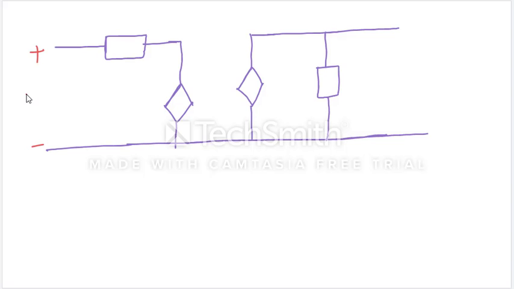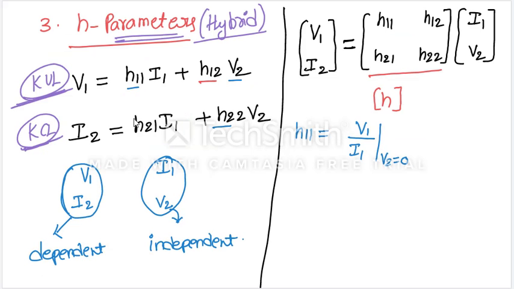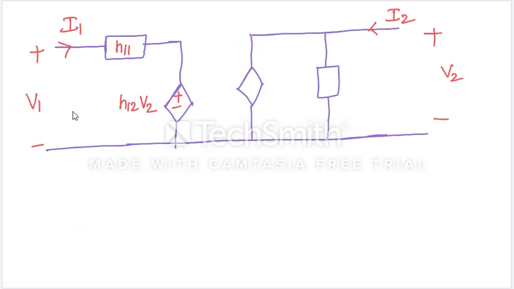Port 1 has V1 and current I1, port 2 has V2 and current I2. Now V1 is equal to H11 I1 plus H12 V2. Check: the first equation is satisfied by applying KVL in this loop.